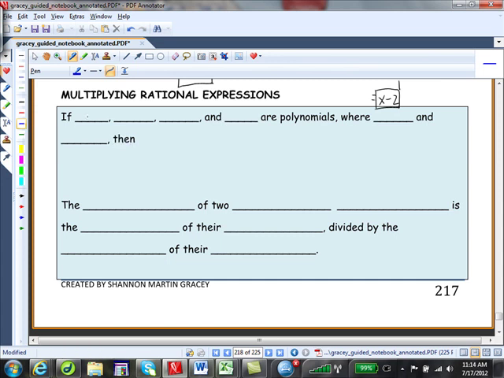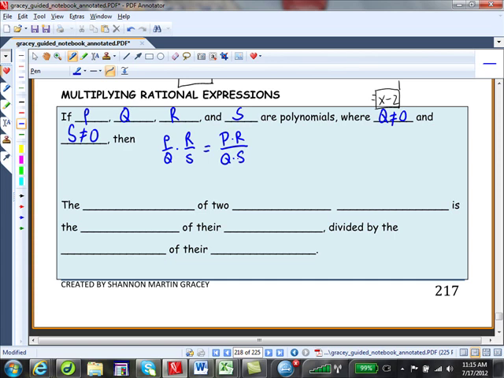If P, Q, R, and S are polynomials where Q is not equal to 0 and S is not equal to 0, then P over Q times R over S, just like with regular fractions, ends up being P times R over Q times S. And then once you've made it one happy fraction, you go about simplifying like we did in 7-1.